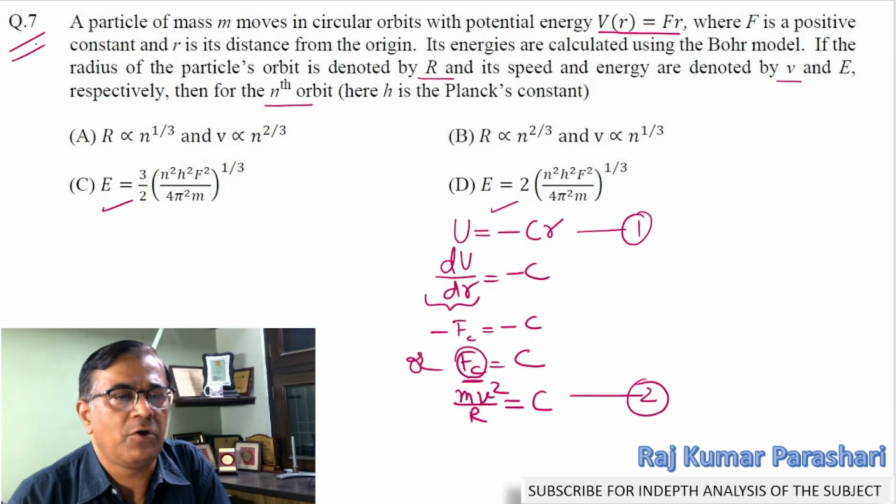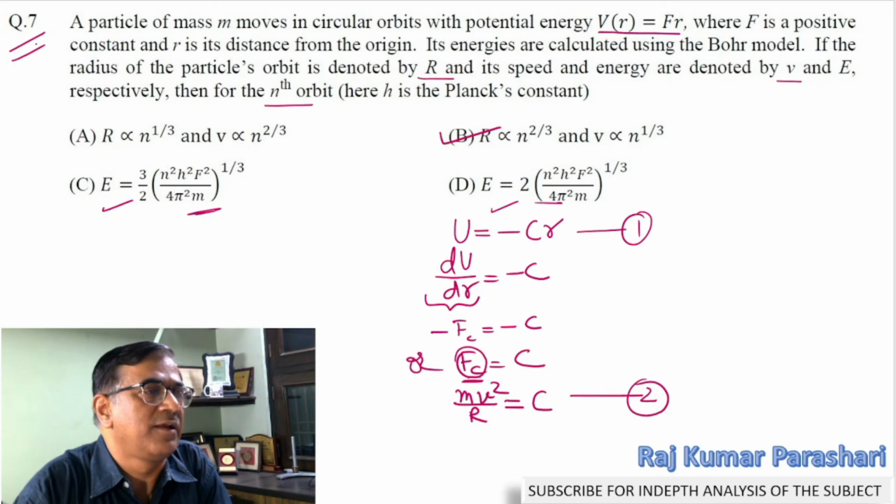So if I check options, then the v proportional to n to the power 1/3 appears to be the correct choice. Furthermore, I need to check the total energies as well. Let's see what I can find out for the total energy.